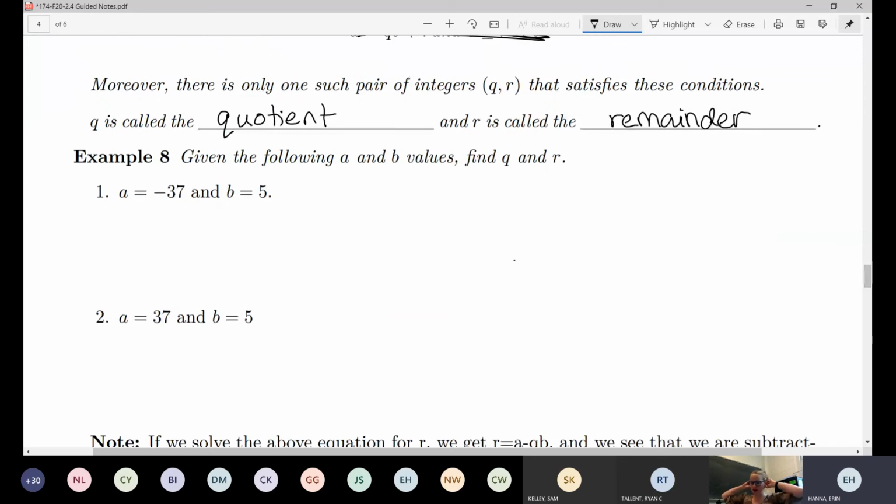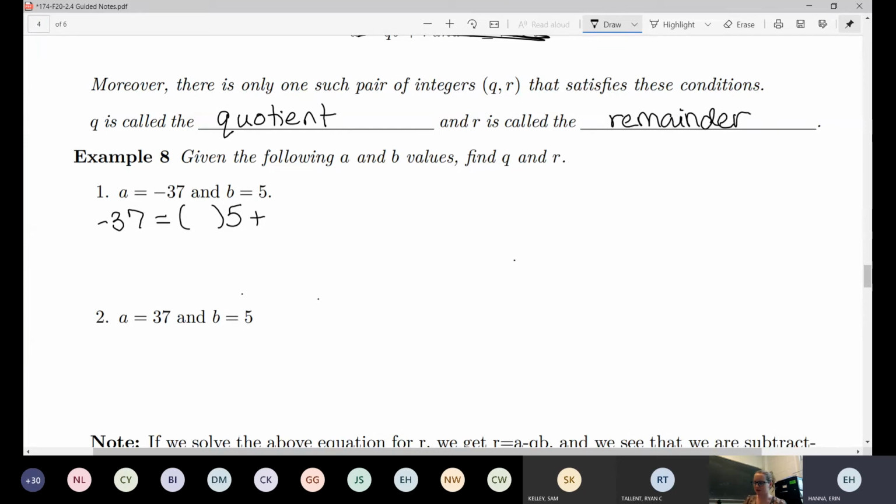So say we look at these. We have an A and a B, and we want to find essentially our quotient and our remainder. Thinking way back to elementary school when you're doing division for the first time ever. So we have A is negative 37, so we want negative 37 to be equal to something. If we think about what we have to multiply 5 by and then add on a potential remainder, what is the largest number we can multiply 5 by that's less than negative 37?